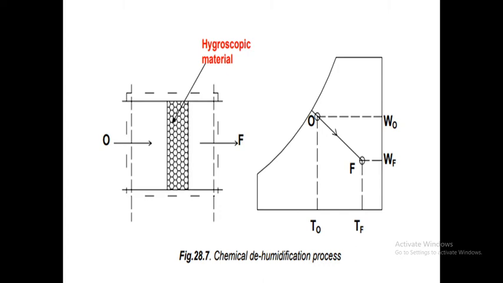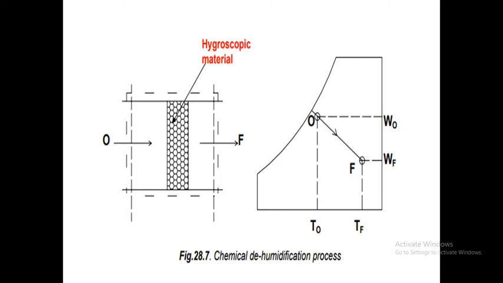In general, absorption of water by the hygroscopic material is an exothermic reaction. The heat released during this process is transferred to the air, and the enthalpy of air increases.